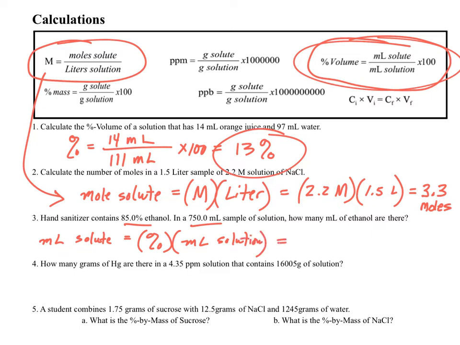The percent they tell us is 85.0, and the milliliters of solution is 750. Now remember, when you punch in a percent, you punch in 0.85. So 0.85 times 750 is 638 milliliters.